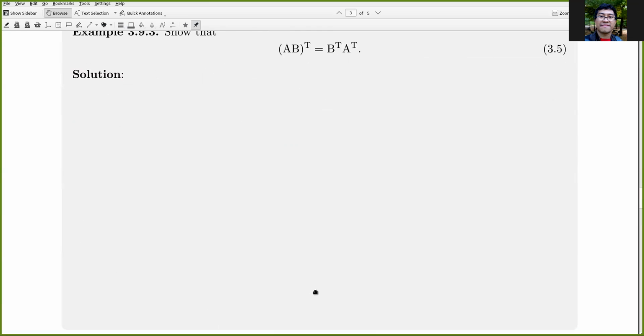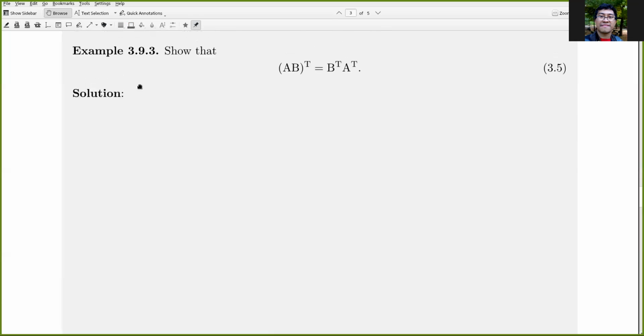Another example. Show that (AB) transpose equals B transpose times A transpose. So for (AB) transpose, let's say the ik matrix element of the transpose is the product matrix element of AB, but we switch the index: instead of ik, we get ki.